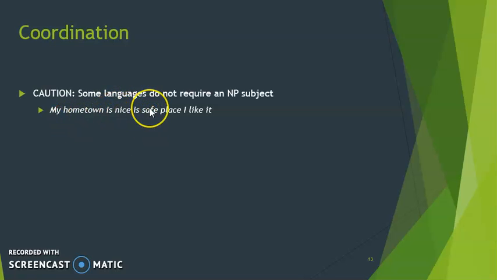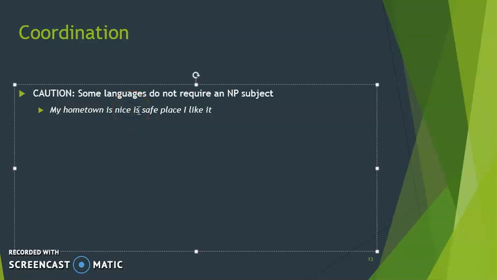In this case, I would be more inclined to separate my hometown is nice and then have the next AS unit to be here without an overt subject, because, as I said, in some languages that's not required. And notice there's no coordinate conjunction connecting those. So that's some evidence of why you might want to do it that way.